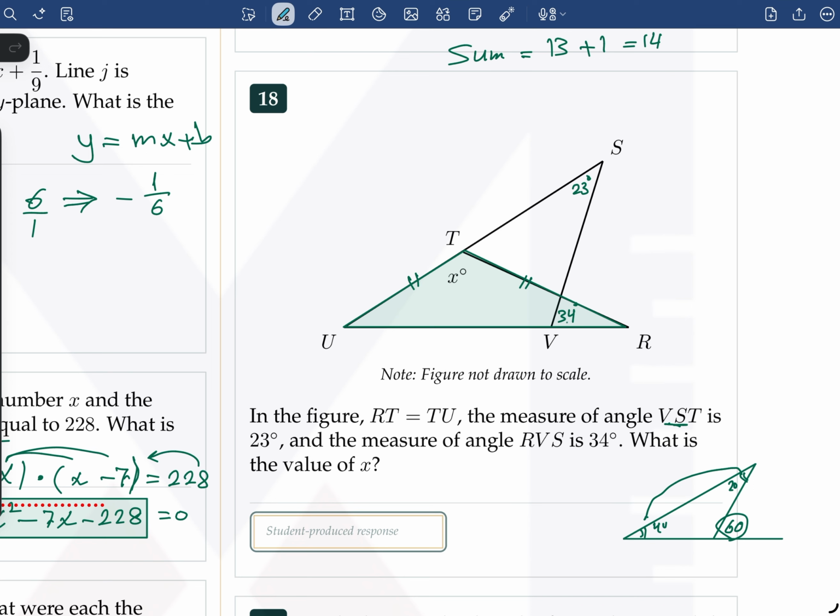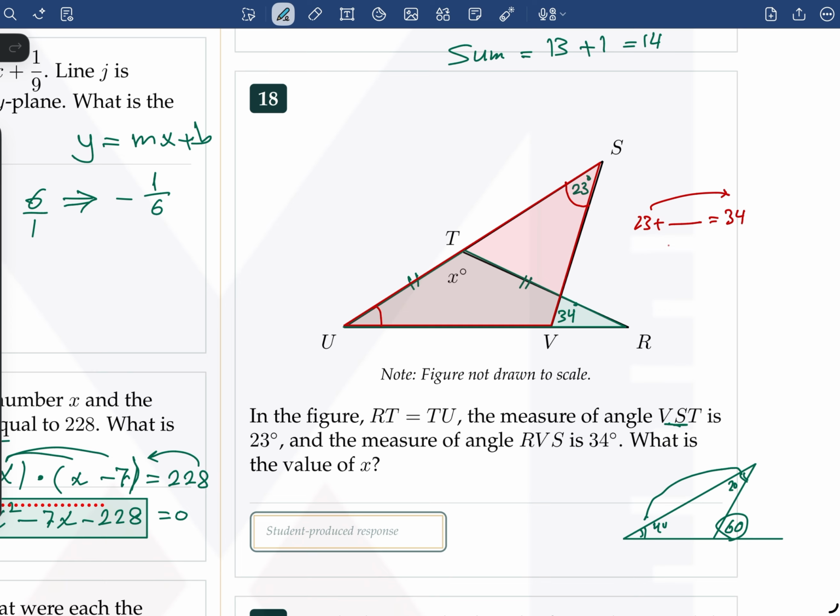Here the same thing can happen, because this 34 is, let's say, an exterior angle of this triangle, of this red one here. Which means that this 34 is the sum of the 23 and something here. So we can say 23 plus what is equal to 34.